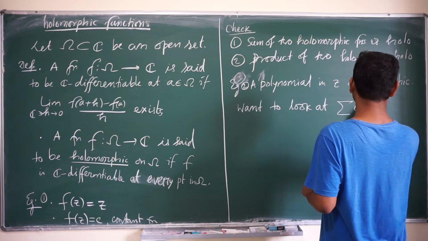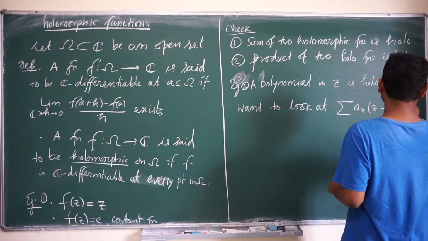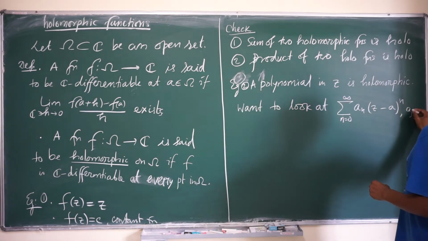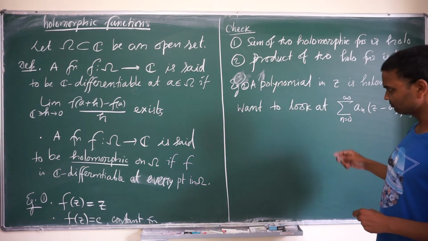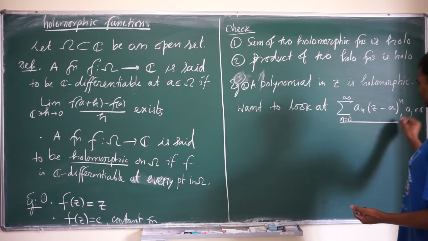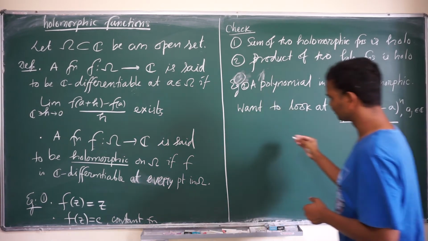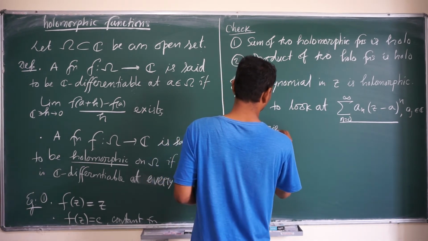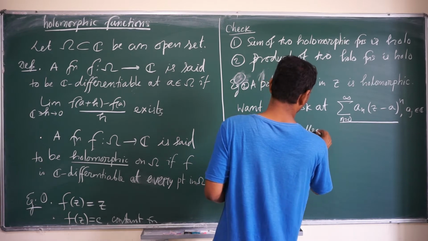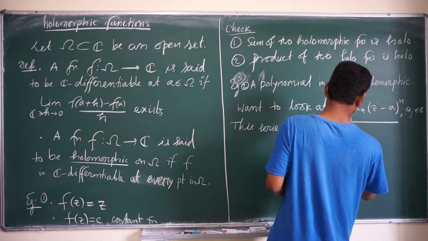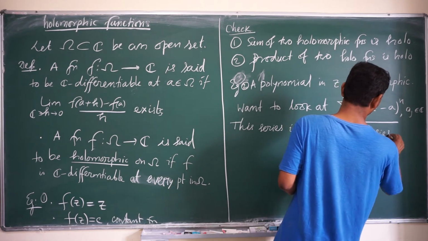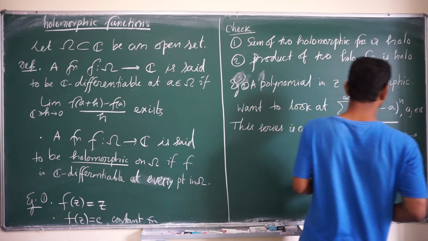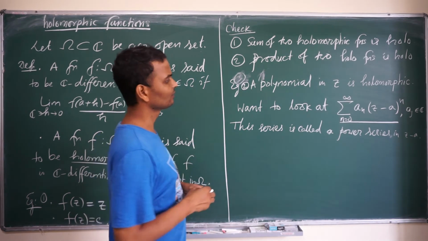We want to look at series of the form summation a_n (z minus a) to the power n, from 0 to infinity, where the a_j are all complex numbers. These are called power series. This series is called a power series in z minus a, a power series in z.